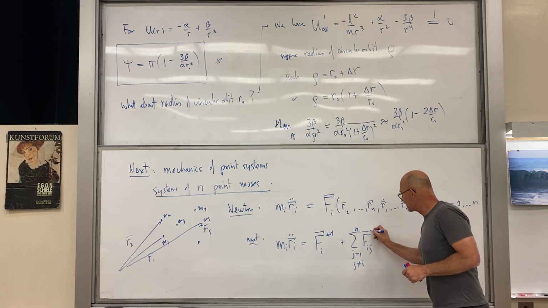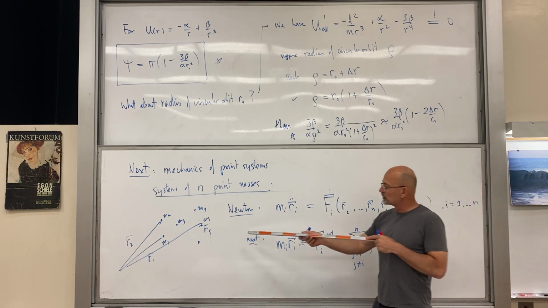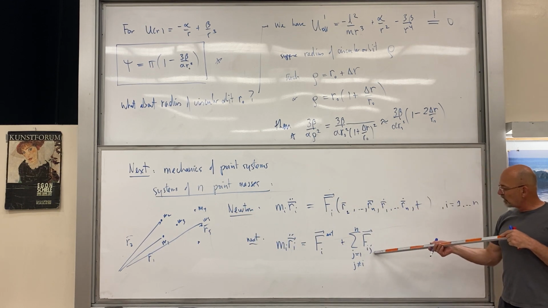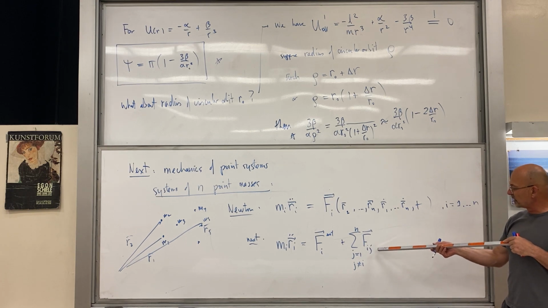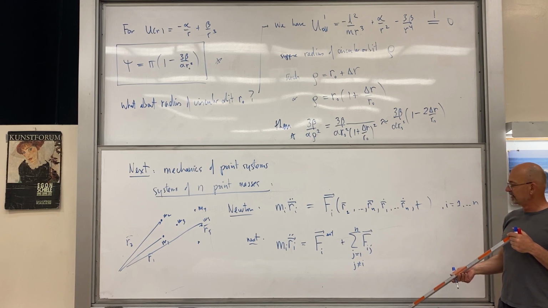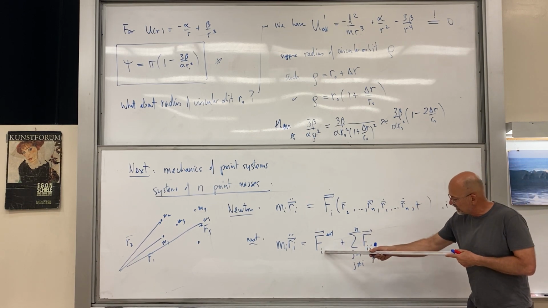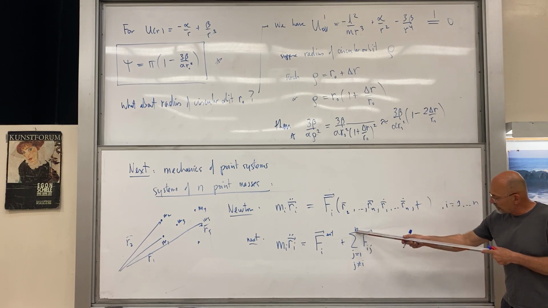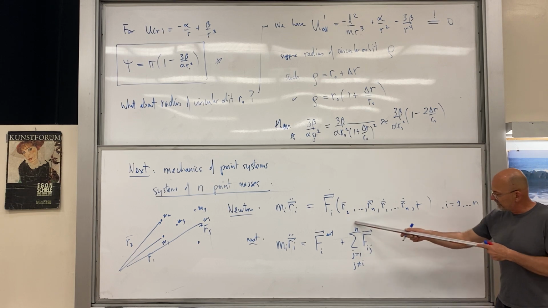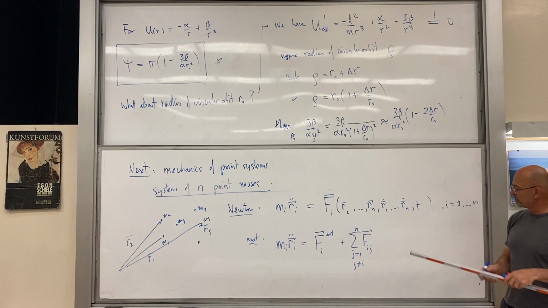And these are the forces that these particles exert on each other. So there would be an F_12, the force that particle 2 exerts on particle 1. Okay. So the subscript i is for that ith particle, and then you sum over j from 1 to n, j not equal to i, and then this thing is left with a subscript i as well, because you're summing over all the j particles.